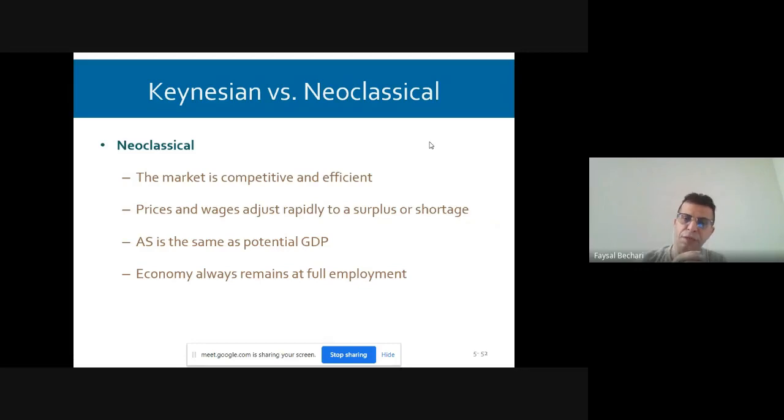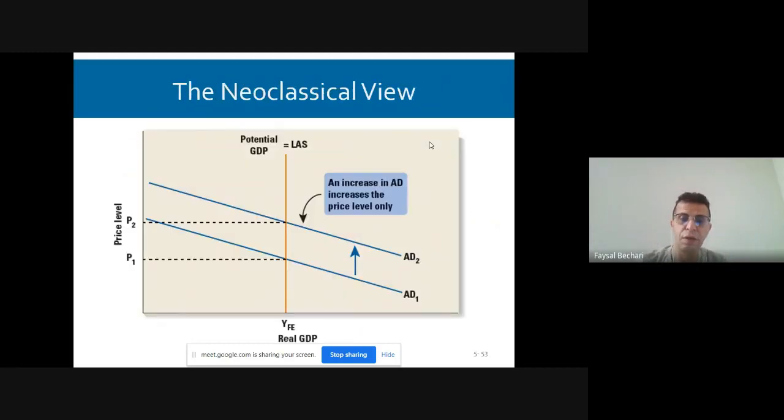The invisible hand fixes the prices, the wages, everything. Prices and wages adjust rapidly to a surplus or shortage, as aggregate supply is the same as potential GDP, and the economy always remains at full employment.